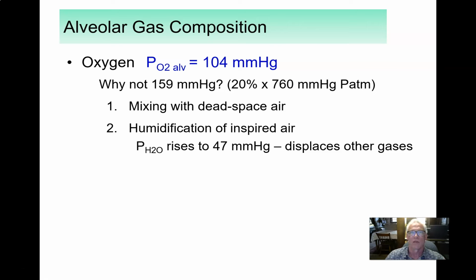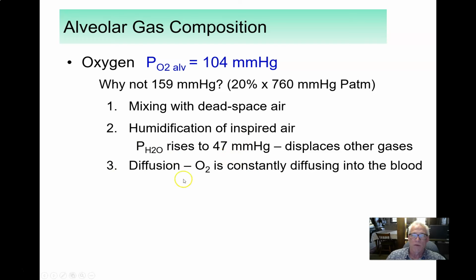So all the gases contribute to that 760 millimeters. If you add another gas, all the other gases are going to have a lesser partial pressure. They'll have the same percent of the composition, but less partial pressure. So adding 47 millimeters of mercury water vapor, which is the water vapor pressure at saturation at 37 degrees Celsius, now we displace some of the oxygen.